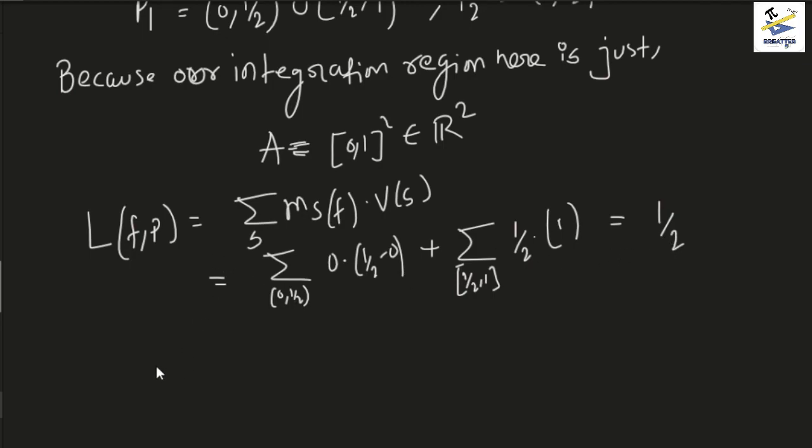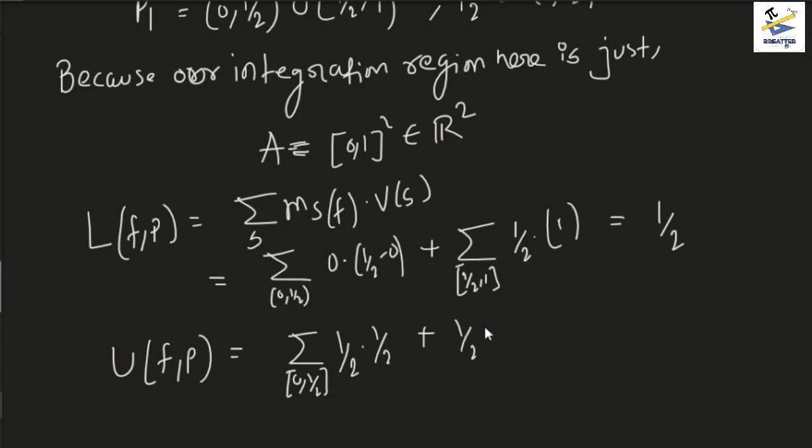Similarly for the upper sum, for 0 to 1 by 2, it is 1 by 2 into 1 by 2, and for the other part it is again 1 by 2 into 1 by 2.